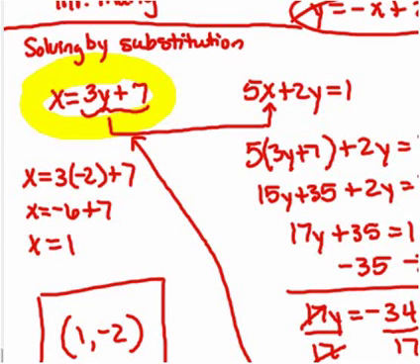Go for the one that's the easiest to isolate. So you're looking for one that has a 1 or a negative 1 as its coefficient. Like, I wouldn't want to solve this equation for x because it has a 5 as its coefficient, which means eventually I'm going to have to divide everything by 5. And those numbers don't look like they're divisible by 5. So you would try to go for the one that had a 1 on it. I'll show you one of those now.